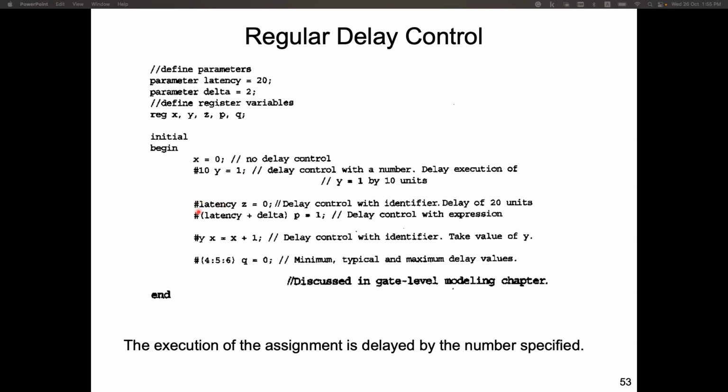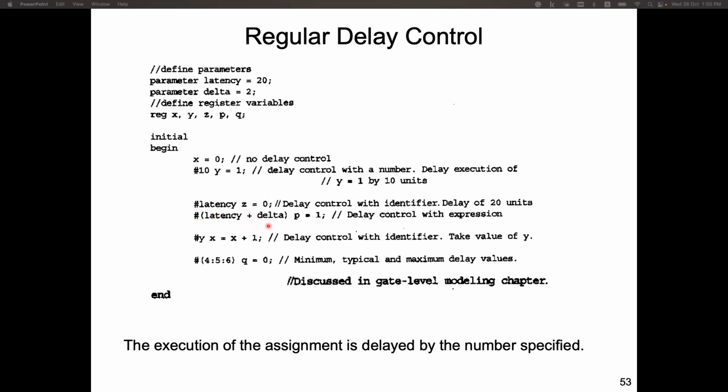This line has a hash with an identifier. This identifier is a parameter defined earlier; you can use this in the coding. Z is set to 0 after a delay of latency, which is 20.